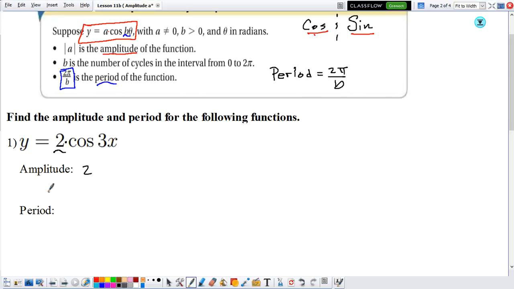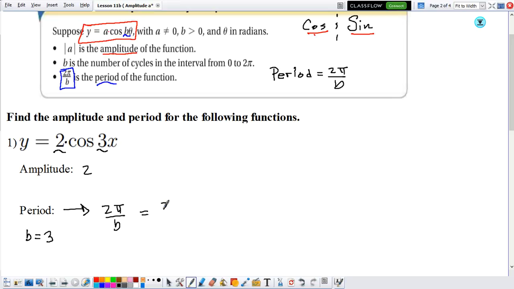Now for the period. For the period, you need to find out what b is. Now b is going to be the number inside the function, which in this case is 3. Now you have to remember that to find the period, that's going to be 2 pi over b. But we know what b is. b is 3.